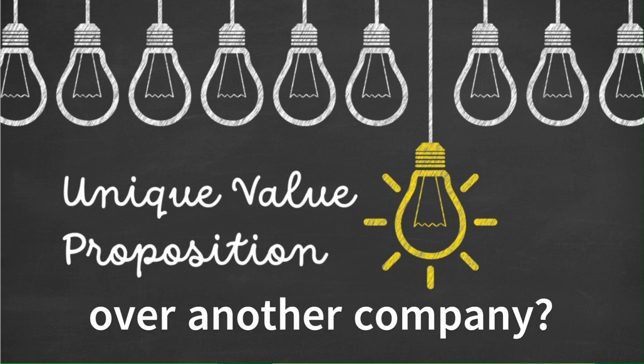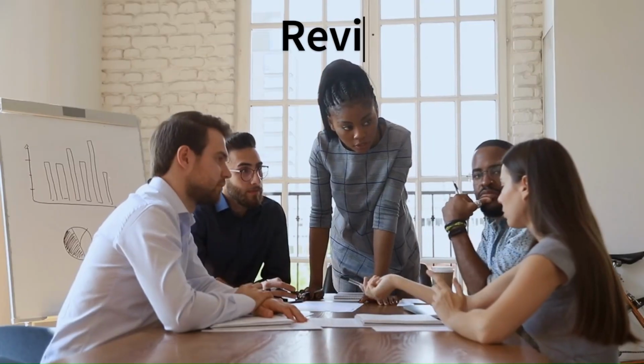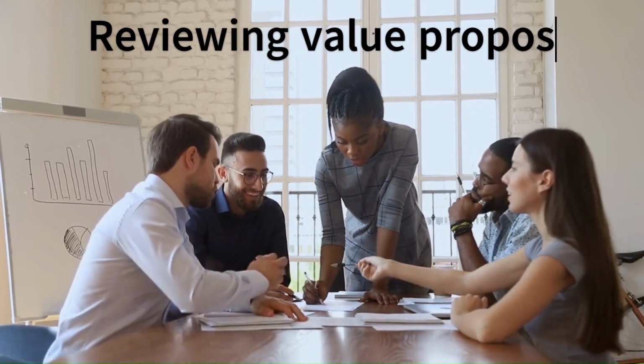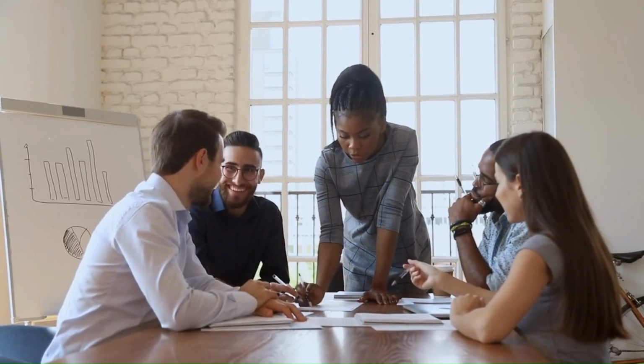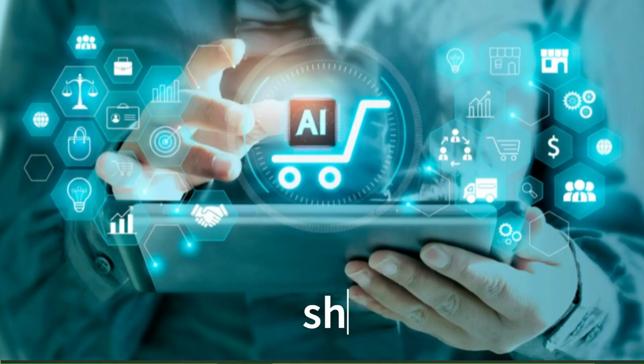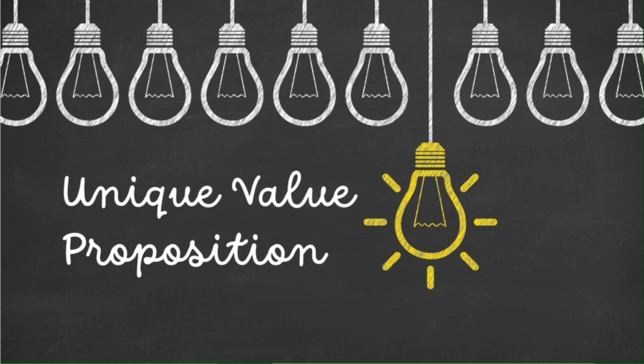It's always been an important part of the marketing and creative process, but companies, both large and small, are taking a second look at their value propositions. Why now? Because AI is rapidly changing buyer behavior, and companies need to reassess their overall marketing strategies to account for this major shift in the consumer environment. So that's something you might want to take a fresh look at as you go through this process.